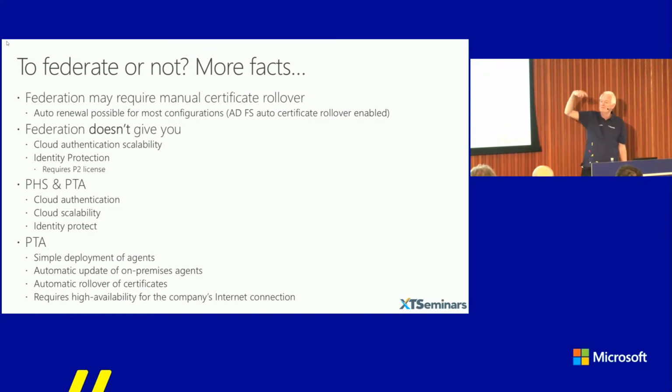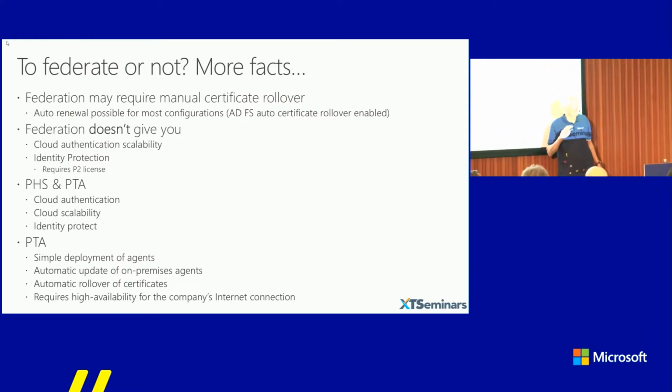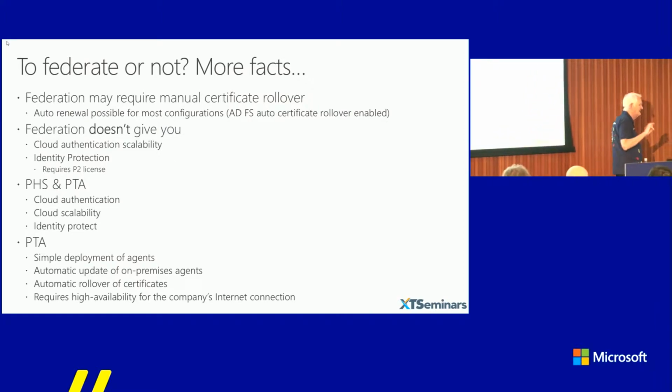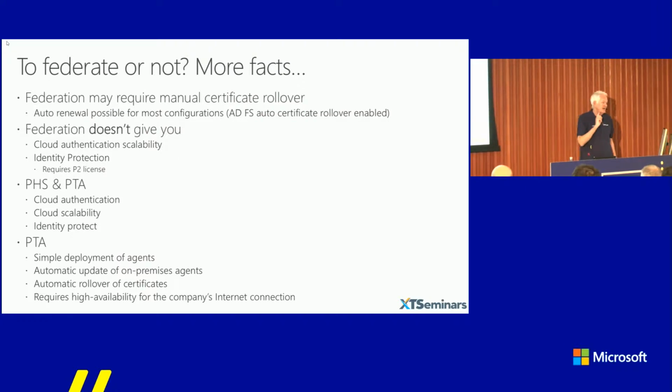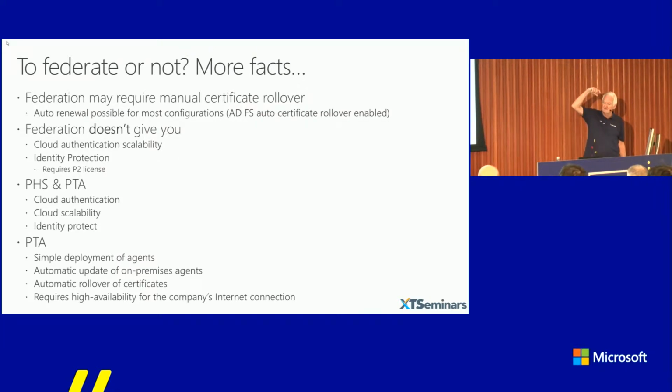So you either need to make PTA available in the cloud as well, which requires a DC in the cloud and the PTA agent in the cloud, or if you do need to turn it off today, you can do a support call, and they'll turn it off, and you can fall back to password hash synchronization. But just be aware of that. It is something that is being addressed. It's on the roadmap. But right today, you cannot disable it if you can't connect from your on-prem Azure AD Connect to the cloud.